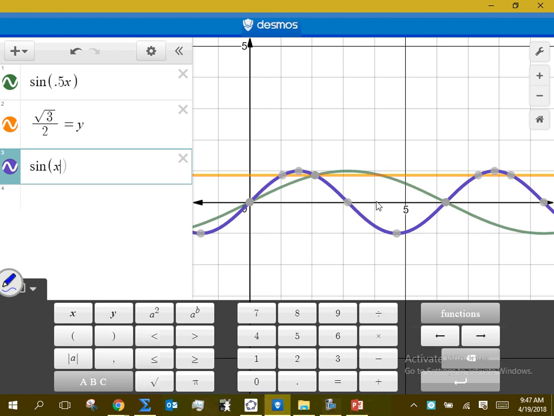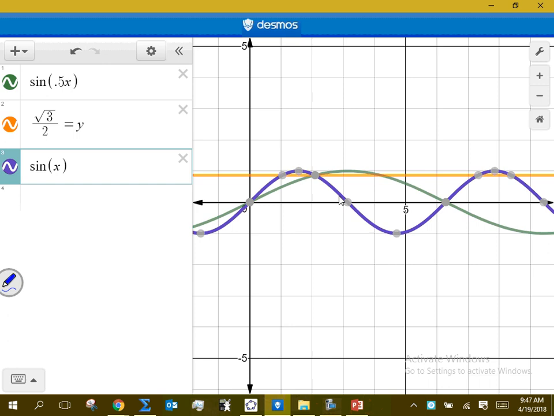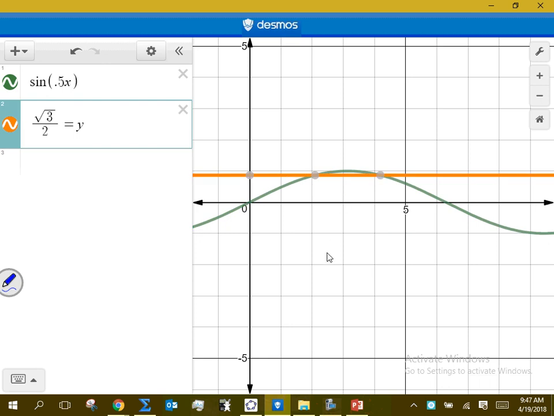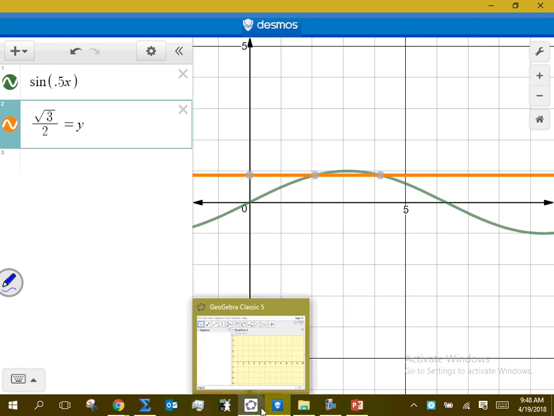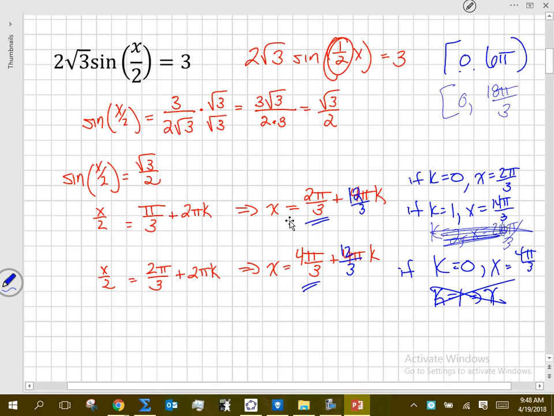So we don't get maybe all the same solutions. We still get two solutions, right? If this was sine of 1x equals radical 3 over 2, we would have two solutions. But in this case, obviously they're different, and the two solutions come from these two ideas.